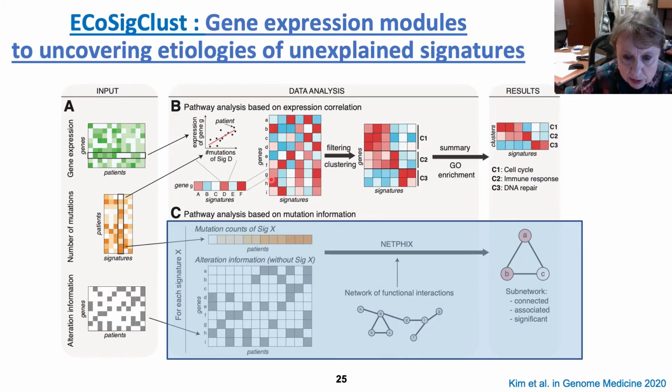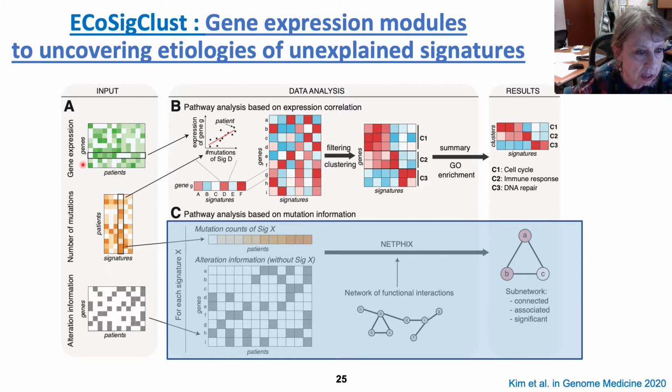Our expression-based method is actually very simple, but we found it to be quite powerful. So basically, for the same set of patients, we assume that we decompose the mutational landscape of each patient into mutational signatures. So we know all the signatures and their strength. And for the same set of patients, we also know the expression of all the genes.